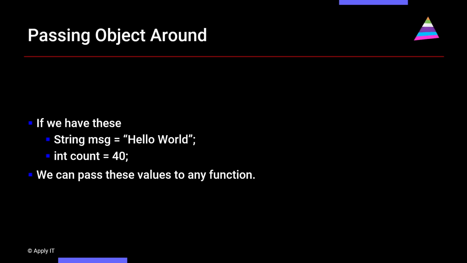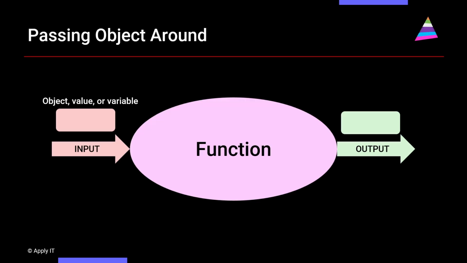So once I have this message string object, for what purpose do we use it? We can pass that object around to a method. So we have this string message, or say any count variable of integer type. We can pass these values as an input to another function, or we can return them from some function. We have this function which is performing some logic. As an input, we can pass an object, value, or variable, and that function is going to execute some logic.